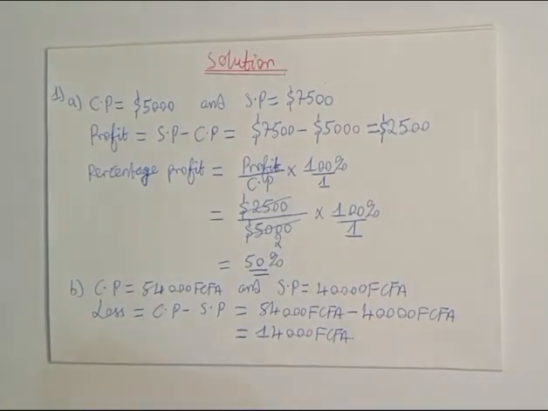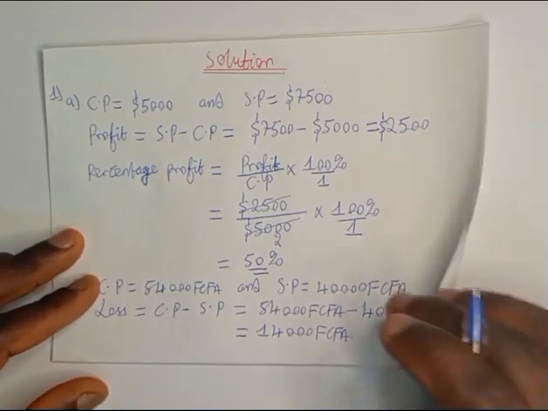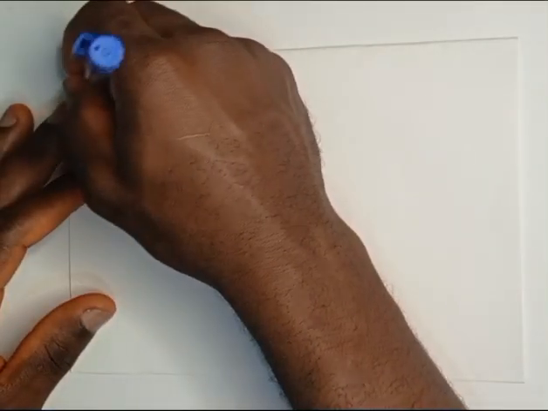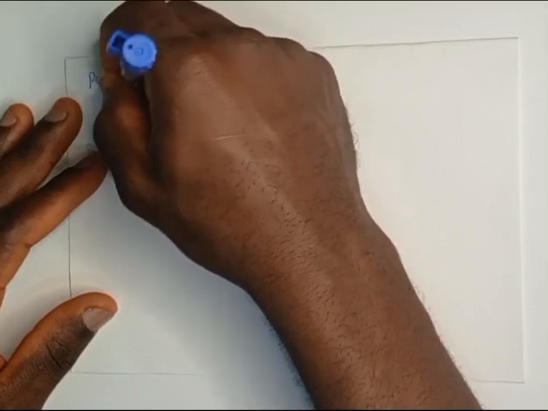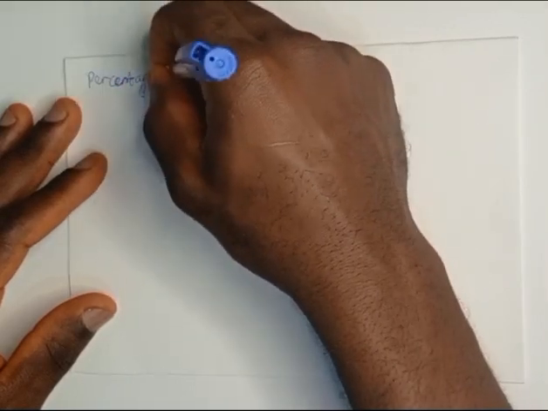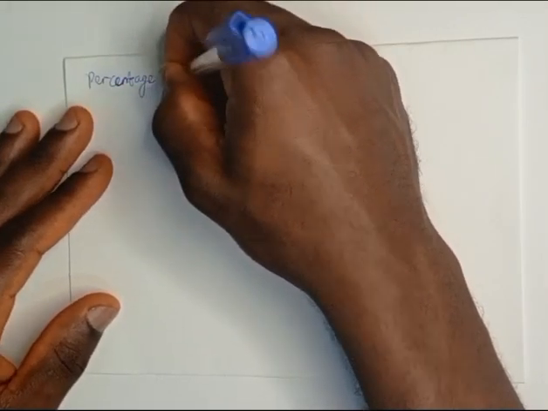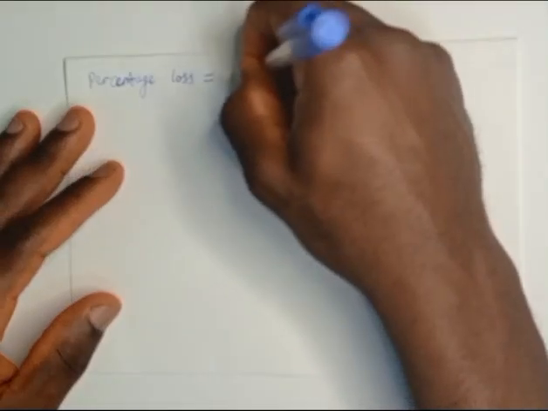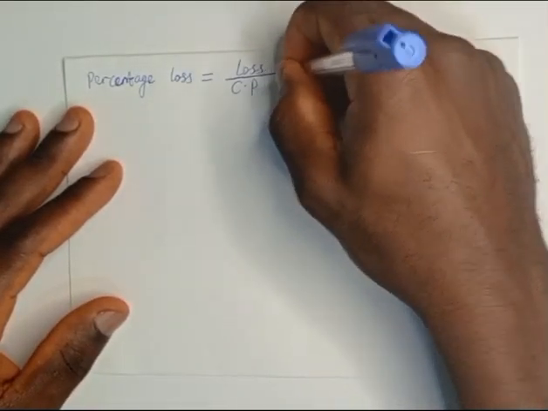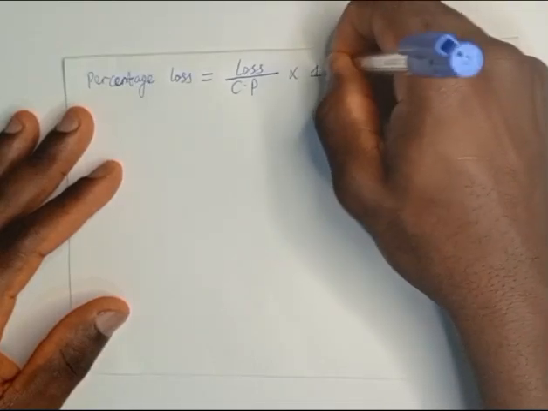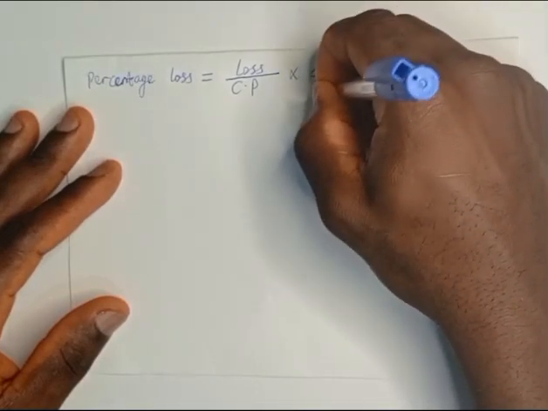Next, we have to calculate the percentage loss. Percentage loss is equal to the loss all over the cost price times 100% over 1.